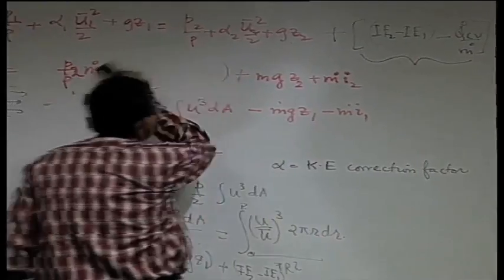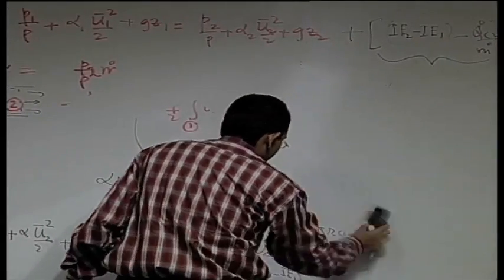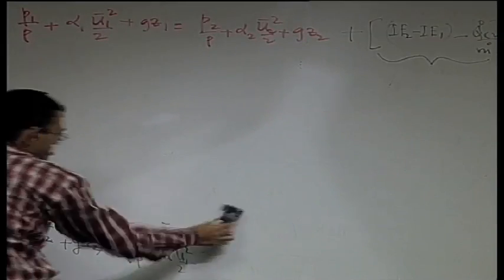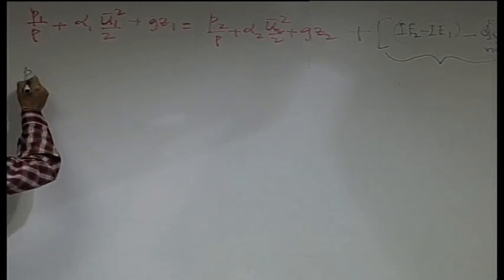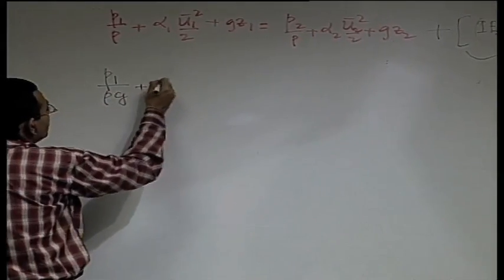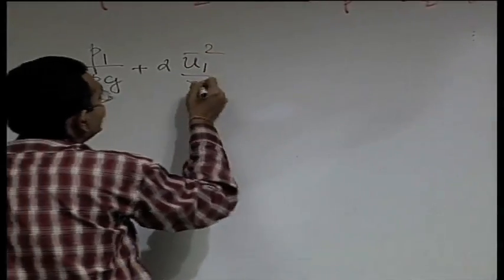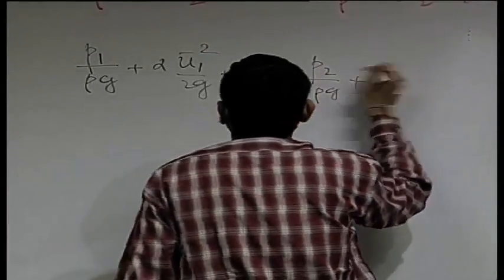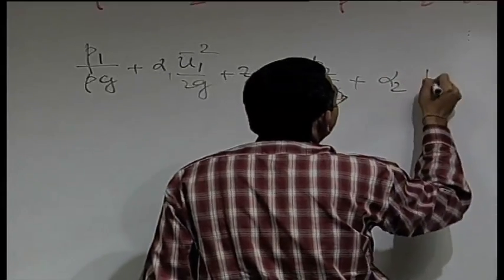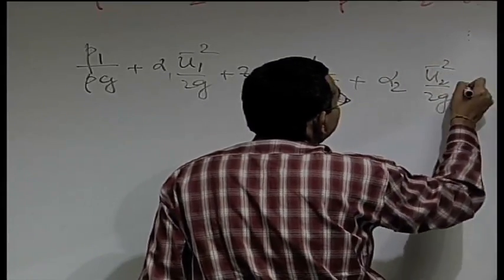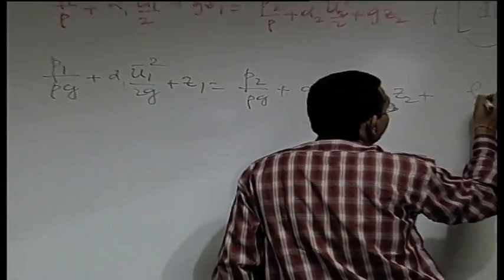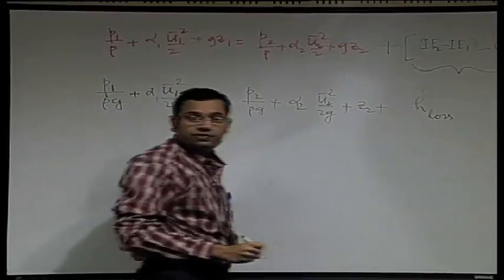So from this analysis what we understand is that we can cast the energy consideration between two sections 1 and 2 as P1 by rho g plus alpha 1 into U1 square by 2g plus Z1 is equal to P2 by rho g plus alpha 2 into U2 square by 2g, remember all these are average velocities, plus Z2 plus head loss, which is a positive term.